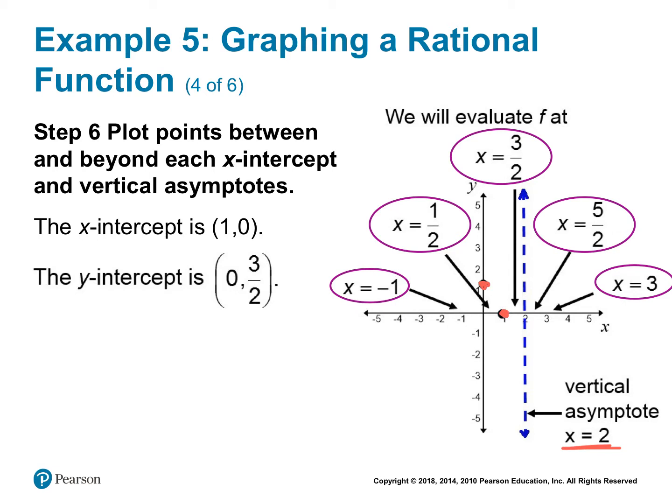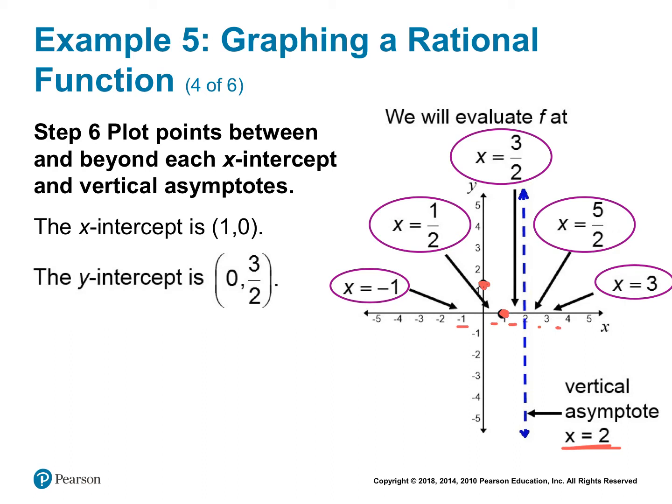And now you're going to plot points that are between and beyond the x-intercept and this vertical asymptote. So you can see that we chose a few places before it, so this would help us find a dot somewhere in here, somewhere at when x is 3 divided by 2. So we're just picking different x's that we can try.